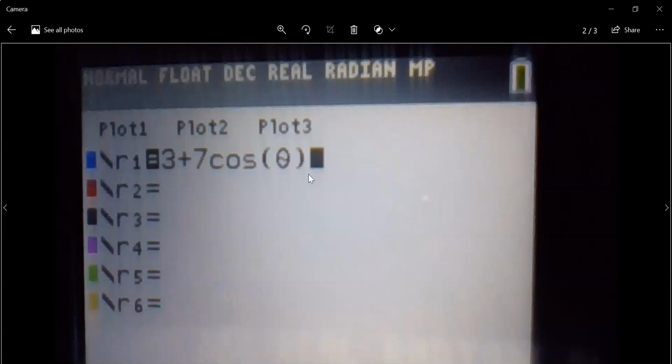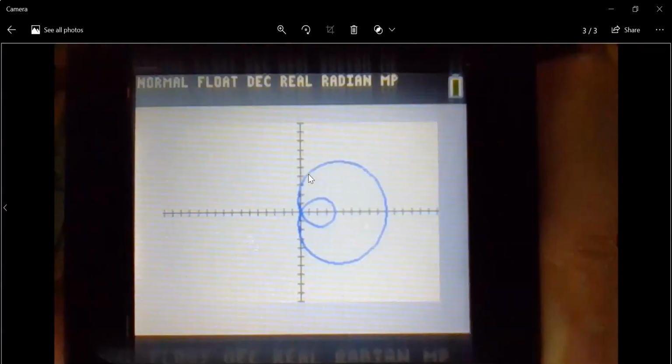And if you hit zoom and then standard or zoom square or something like that, you're going to be able to see this graph. If I hit zoom, mine's in square, you get this. And if you watch carefully, you'll see this actually graph.